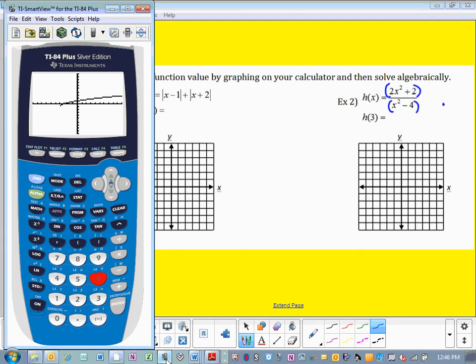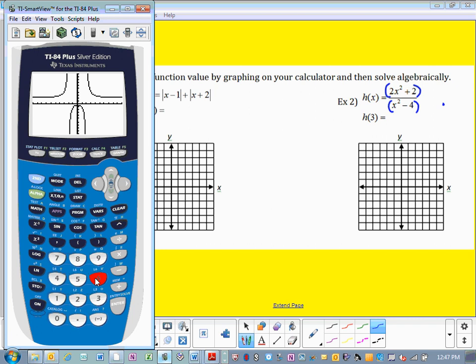This is a crazy looking graph. Is that matching what you guys are getting?